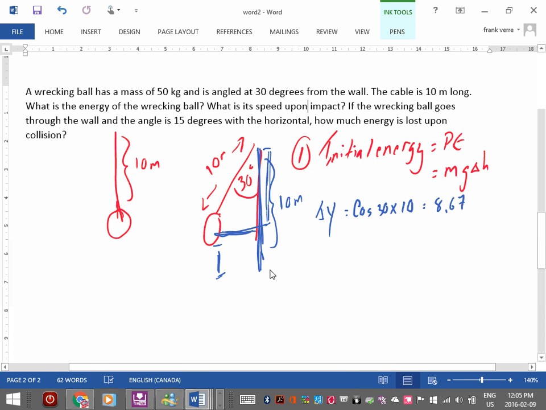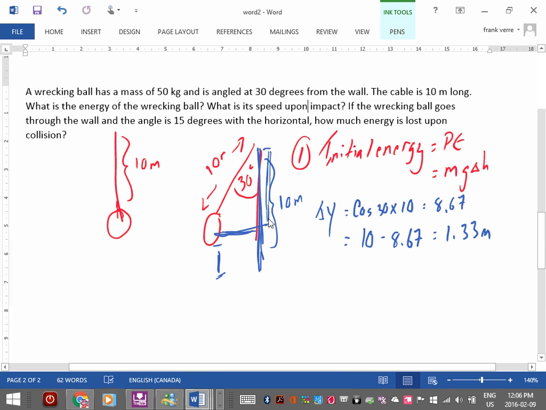So if this is 8.67 and the whole length is 10, then the difference must be the elevation: 10 minus 8.67, or 1.33. The elevation of the wrecking ball must be 1.33 meters.